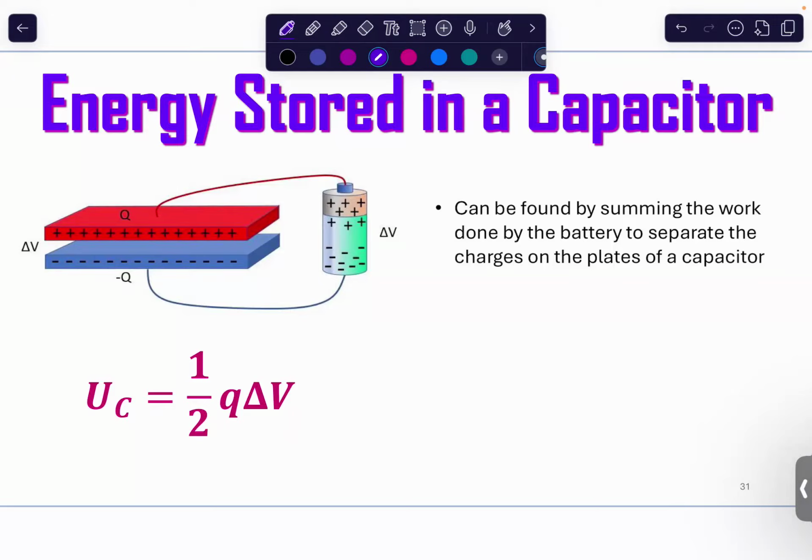Okay, so if we think about as we're charging the capacitor, if we think of the capacitor charging by tiny little increments of Q, so you know that our potential energy is Q delta V, and essentially delta V stays constant.